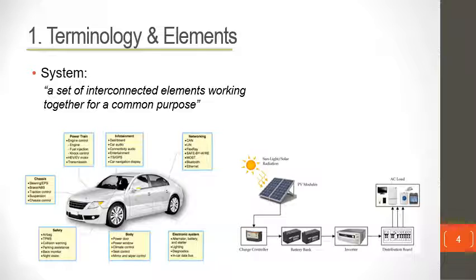So moving on, we can look at two typical types of systems that we have. The first type would be an automobile, or simply a car. The second type that we may have been exposed to would be a solar PV system, or an electrical system. If you look at a car, you will see that the system in itself has subsystems. It's complex in the sense that it would have a powertrain, an infotainment system, whereby it has a radio, music system, navigation, GPS, and then an electronic brake system.